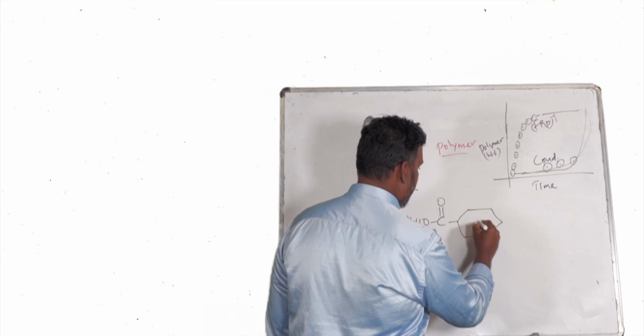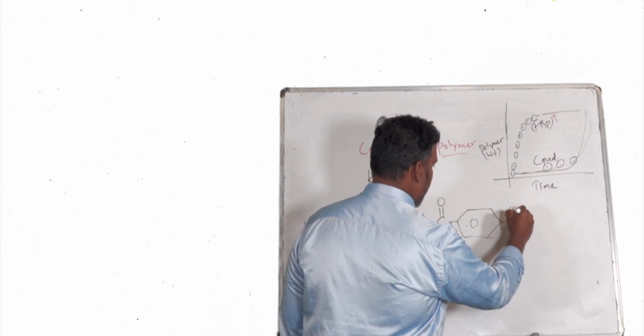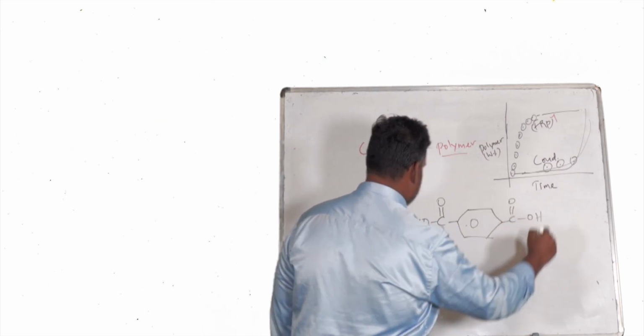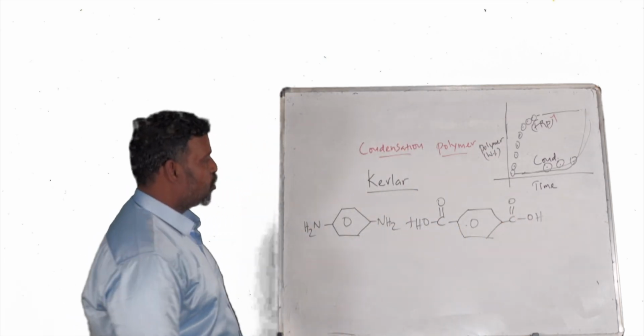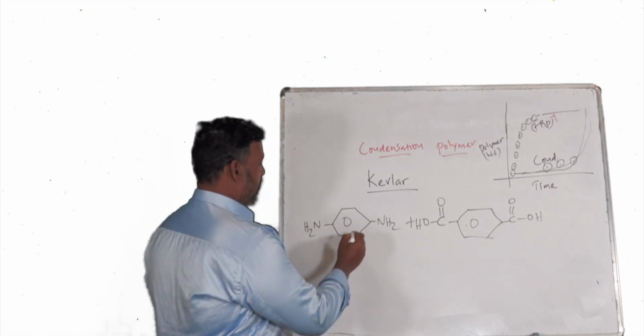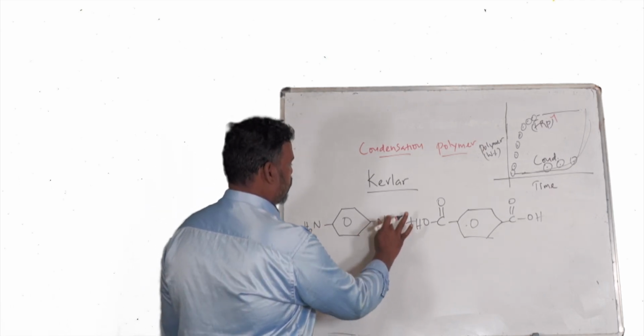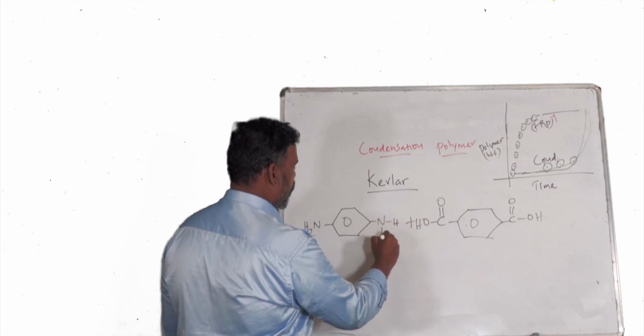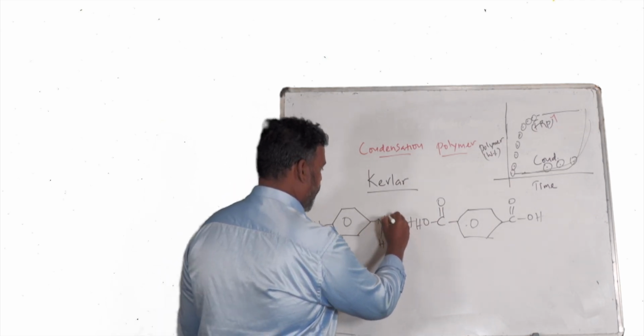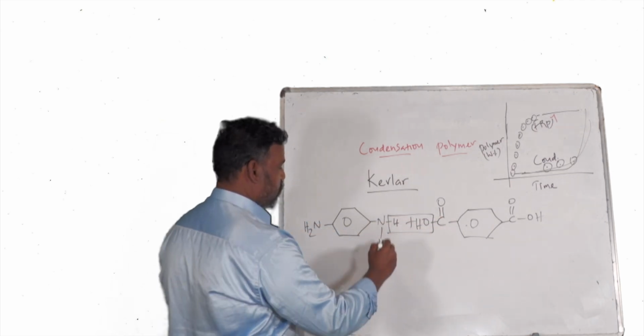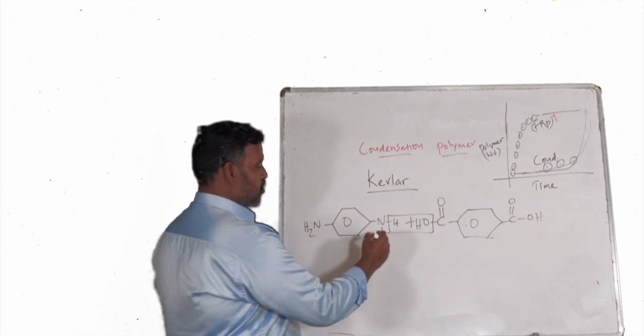So you have terephthalic acid and diaminobenzene. These are the two monomers reacting to produce Kevlar. So you have this functional group, in the way we have seen in the preparation of nylon. So these two react.